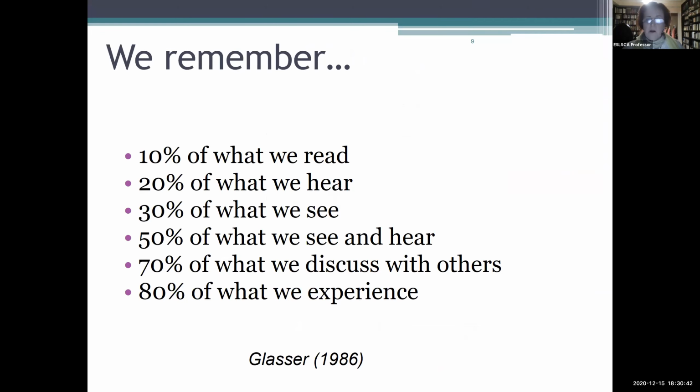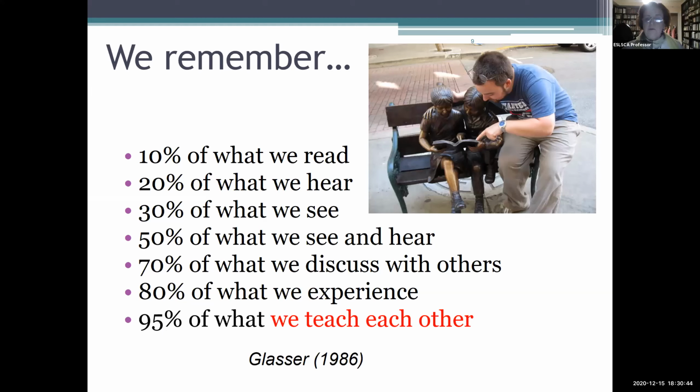But you remember almost everything that you teach to each other. So those of you who have ever been tutors, especially in subjects that were maybe not your own, or subjects that you didn't know much about, you will appreciate how much you learn by teaching others.